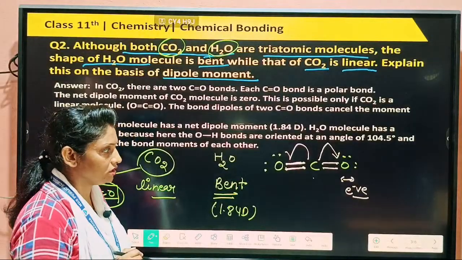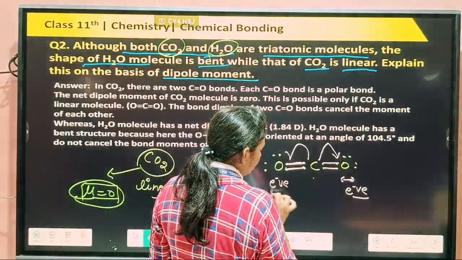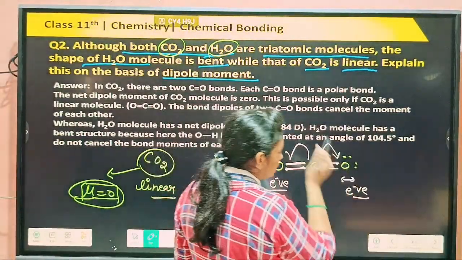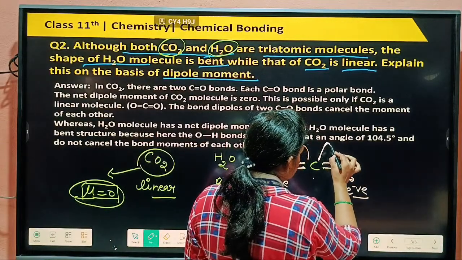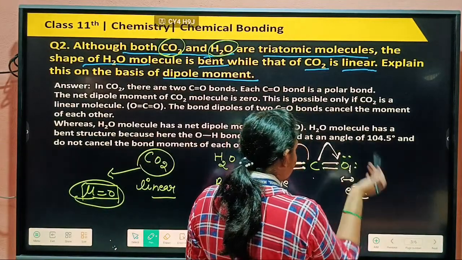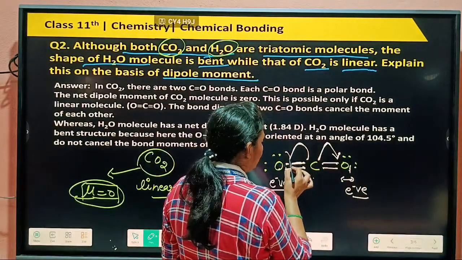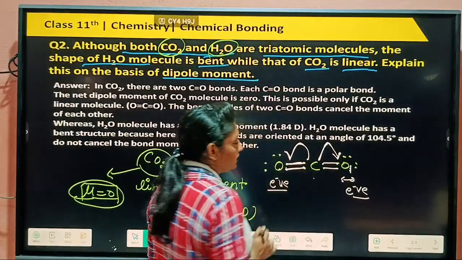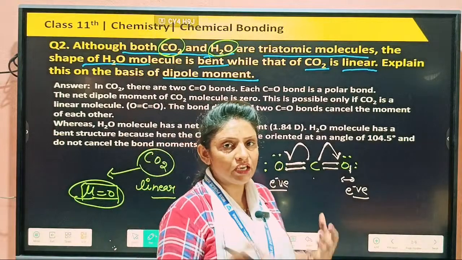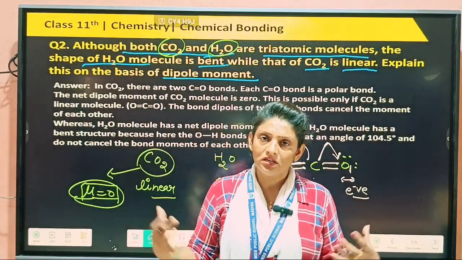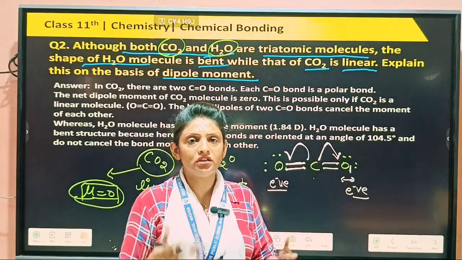So with the same extent, because again it is more electronegative, this oxygen is attracting electrons towards itself, and by the same extent this oxygen is attracting the electrons in the opposite direction towards itself.